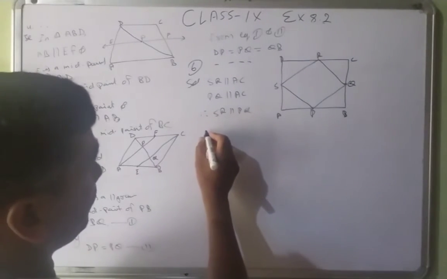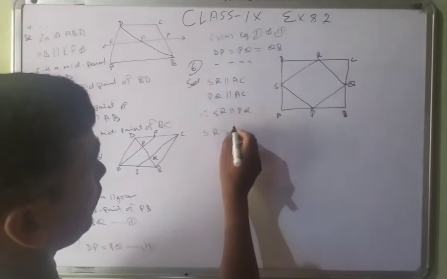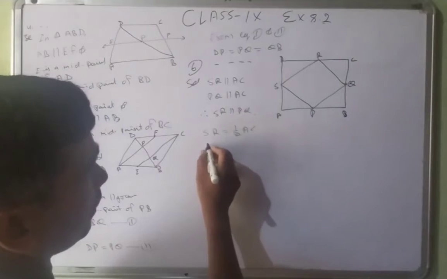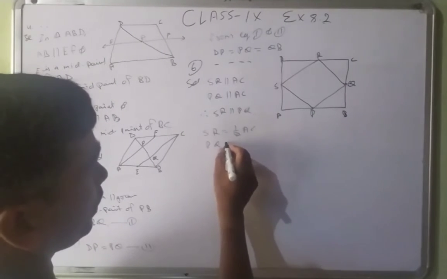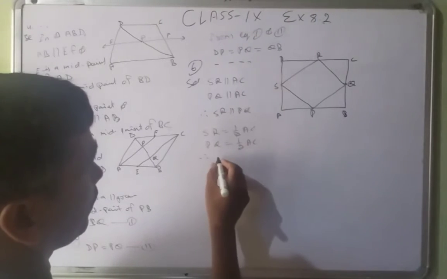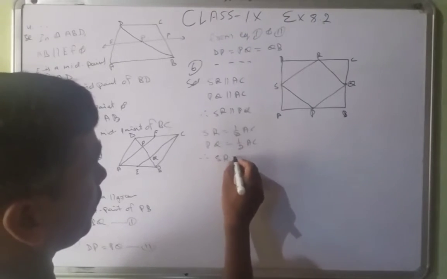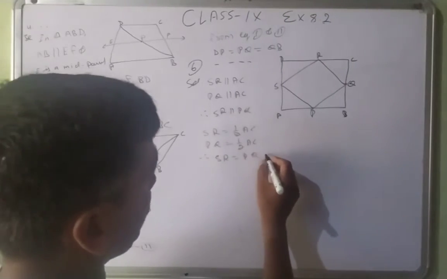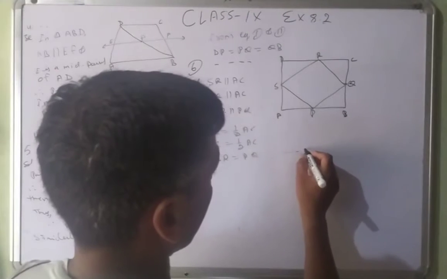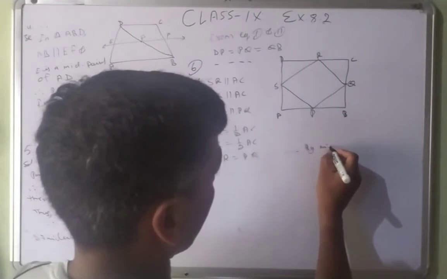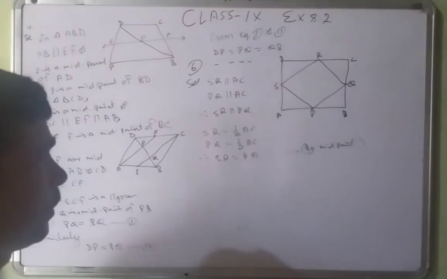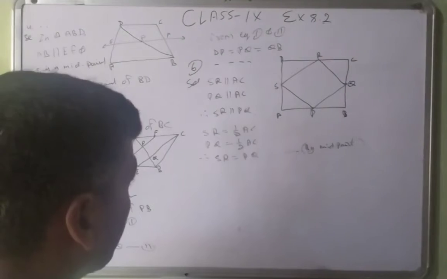And then SR is equal to half of AC, and PQ is equal to half of AC, so SR is equal to PQ. All these things come from the midpoint theorem.